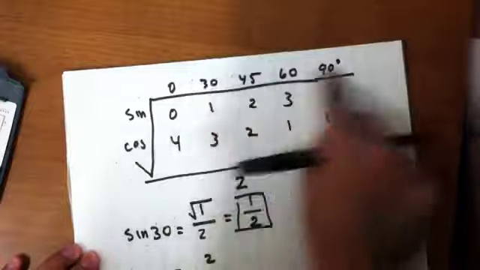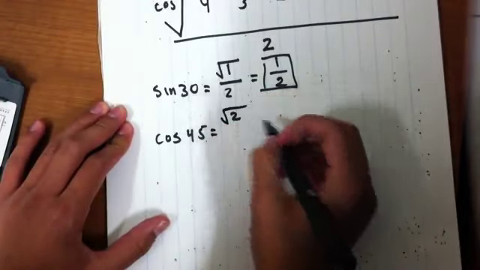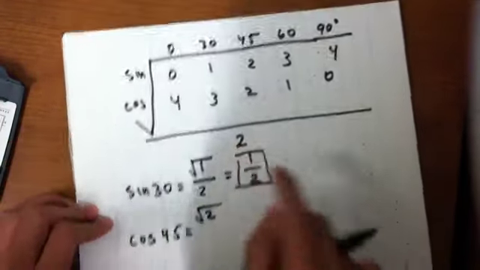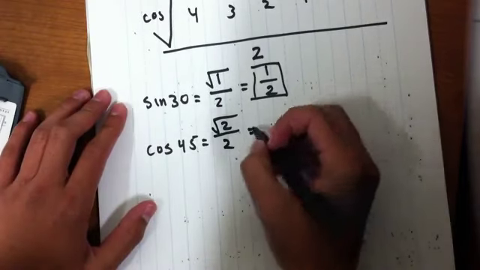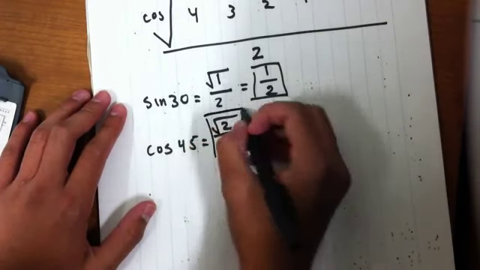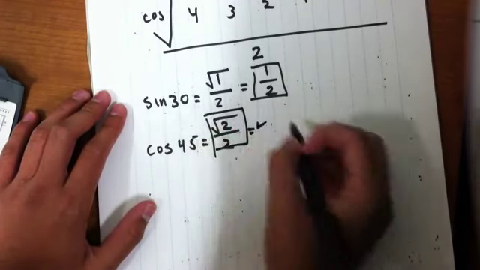You do the square root of 2, divided by 2. So cosine of 45 would be square root of 2 divided by 2. And we could check in the calculator. Cosine of 45 is going to equal square root of 2 over 2.